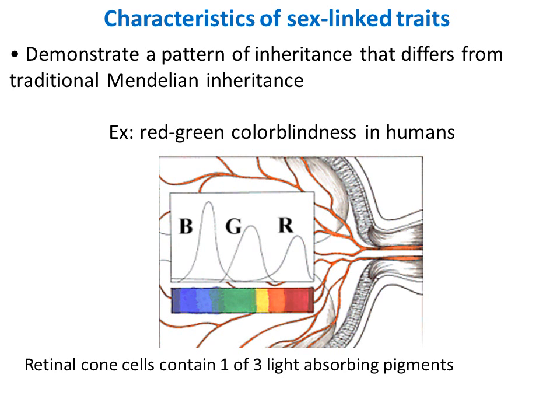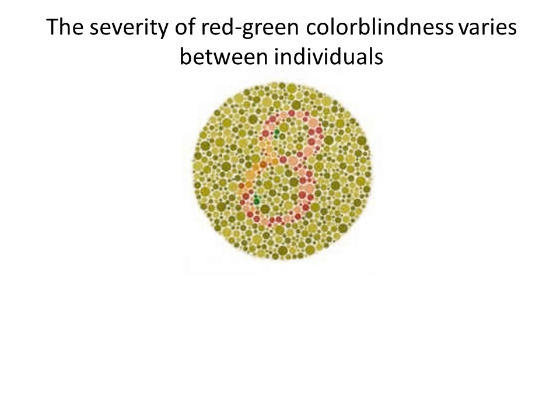So let's look at color blindness first. So color blindness demonstrates a pattern of inheritance that's different than traditional Mendelian traits. For people who are colorblind, they may not see this red 8 in the center of this green circle.